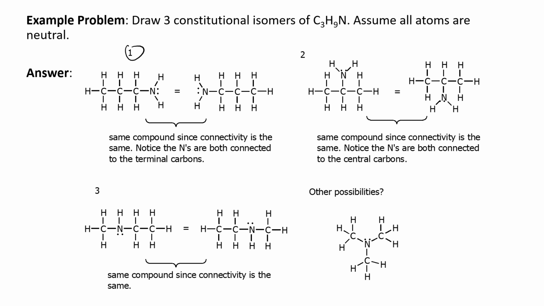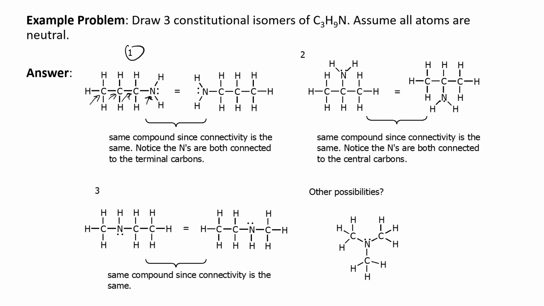If we stick to our bonding patterns and we fill the hydrogens in, we want to give each of the carbons 4 bonds. So each of our carbons, I filled them in with 4 bonds using the hydrogen. And remember, nitrogen, if it's neutral, it should have 3 covalent bonds and 1 lone pair. So we just fill the hydrogens in.